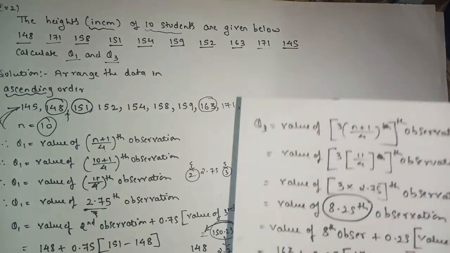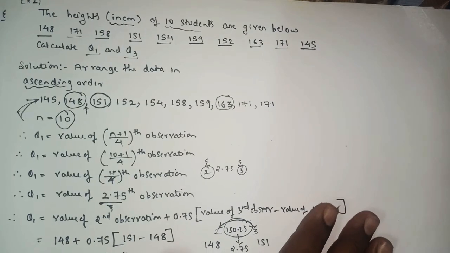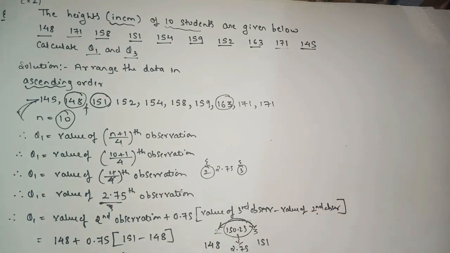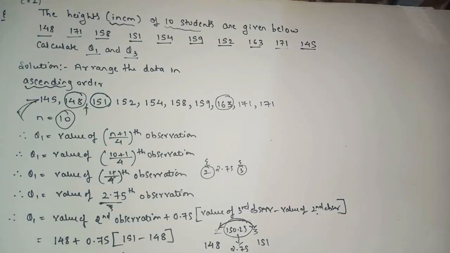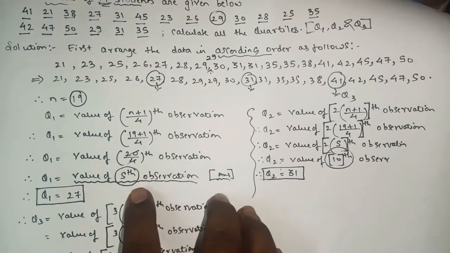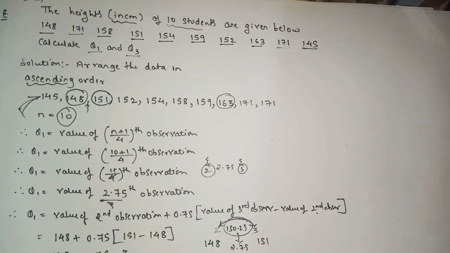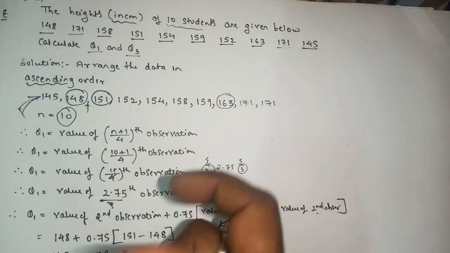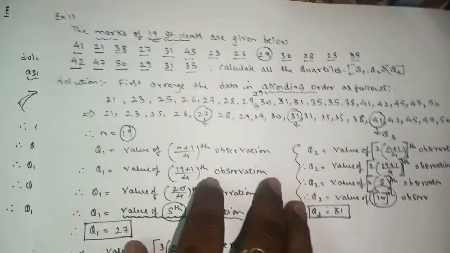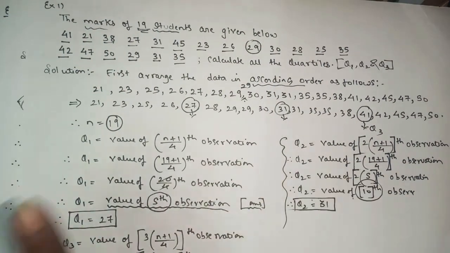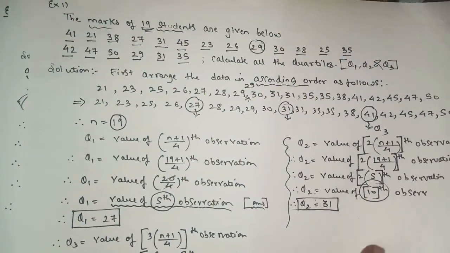So I hope you all understood the second sum also, and see the difference between the first and second sum. In the first sum, we got the perfect value without decimal, but in the second sum, we got the value in decimal. Whenever you get a perfect observation, you will get the answer directly.